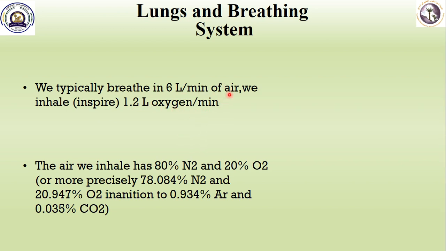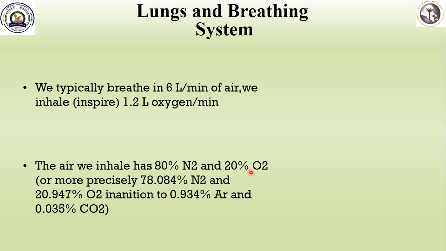And you know very well there are several different kinds of gases coming inside the human body. The main percentage of inhaled air is 80% nitrogen and 20% oxygen, or to be more precise, instead of 80 it is 78% nitrogen, an approximate number, and 20.947% of O2.